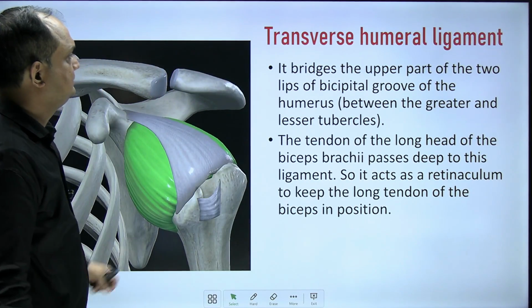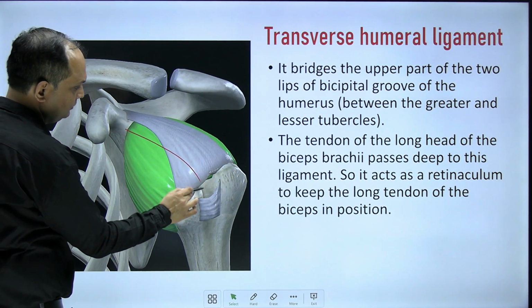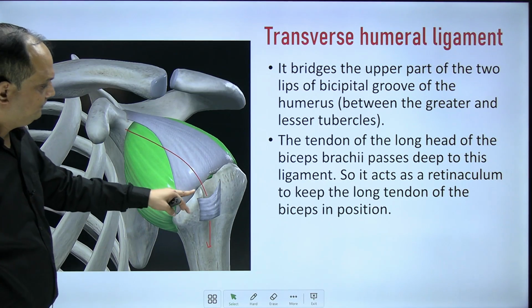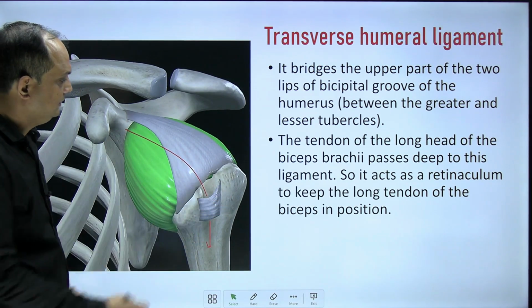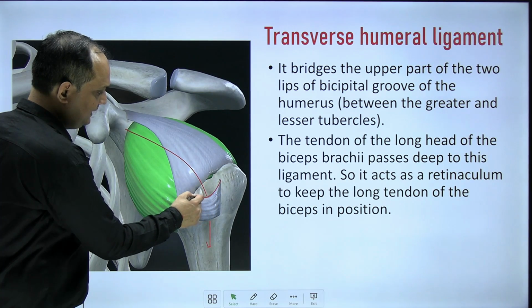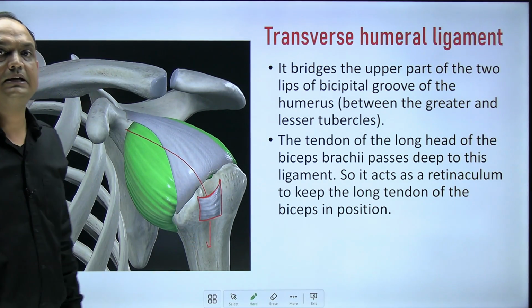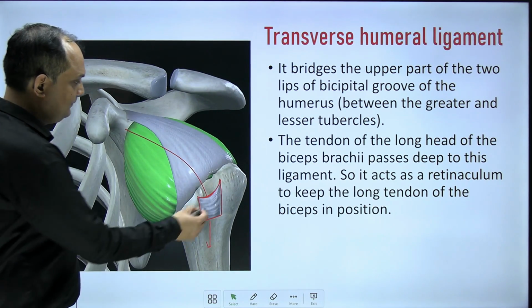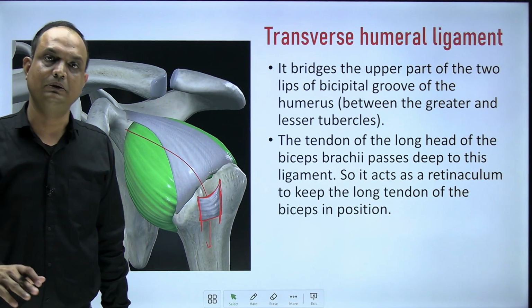Then you will have the transverse humeral ligament. Now dear students, when the long head of biceps comes out, it will pass through this bicipital groove. To hold the long head of biceps tendon in its own place, you have a horizontally placed ligament. This horizontally placed ligament is the transverse humeral ligament, which connects the two lips of your bicipital groove, and it acts as a retinaculum.